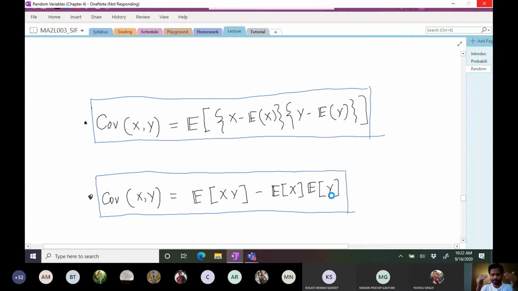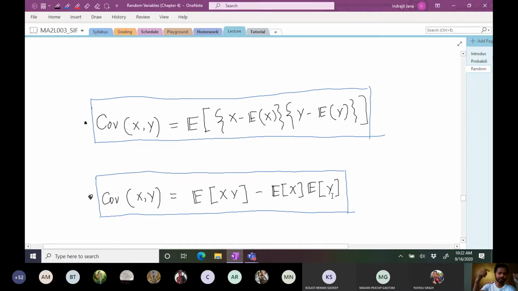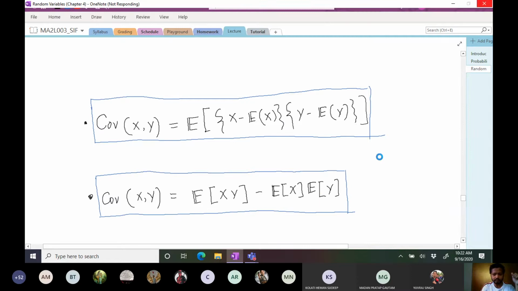If you follow the same steps, you can get this alternative formula of covariance from the original formula of covariance. The only thing you need to keep in mind is that expectation of x and expectation of y are constants, and when you manipulate with that, you will get the alternative formula of covariance.